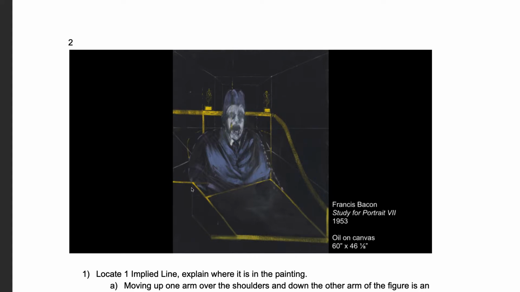Now, these yellow lines have a value to them. And that value is how black or how white it is or how gray. What is that value? A dark value, or a low value, is black, and a high or a light value is white.